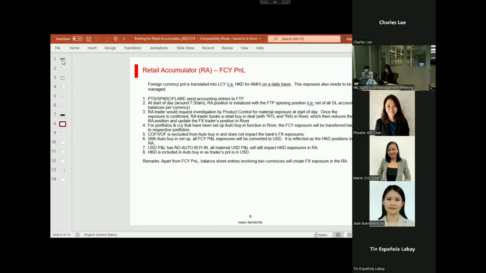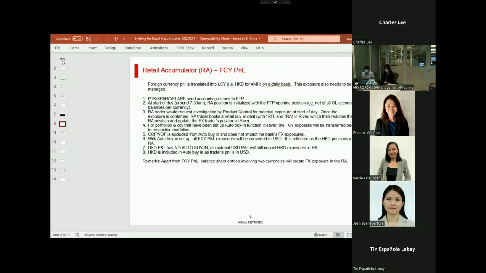Okay, so this one is about the foreign currency P&L. I think I mentioned earlier, sell down happens on a daily basis, and first thing in the morning at around 7:30, FTP sends out an accounting file to River. The file is called FX opening positions.